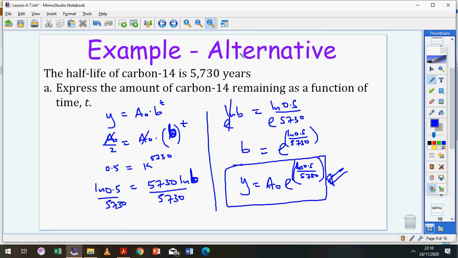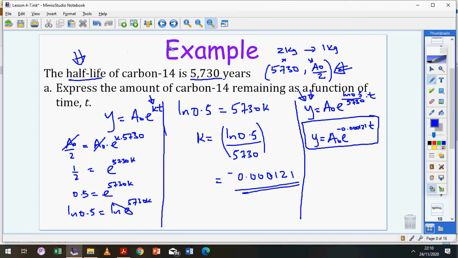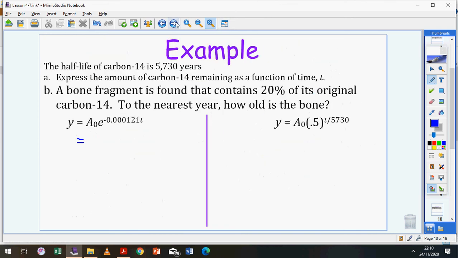How does it simplify to that? I'll show you in a bit. So I have a naught, which is still a naught, right? I know that it's found to contain 20%. So the new y value is 20% of the original, which is just 0.2 times a naught. I'm writing 0.2 times a naught.